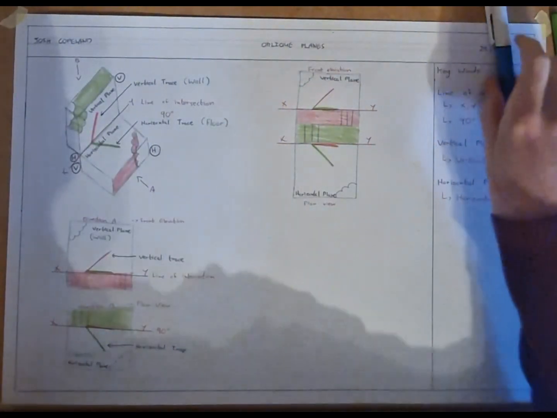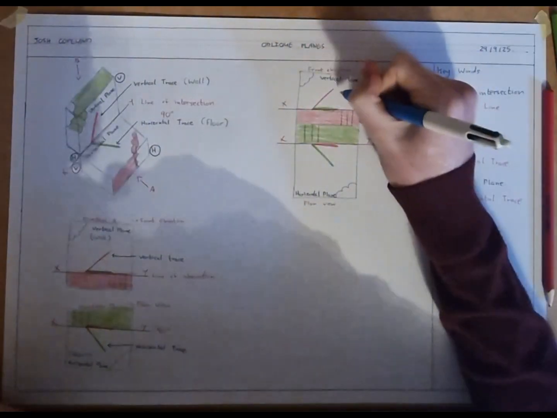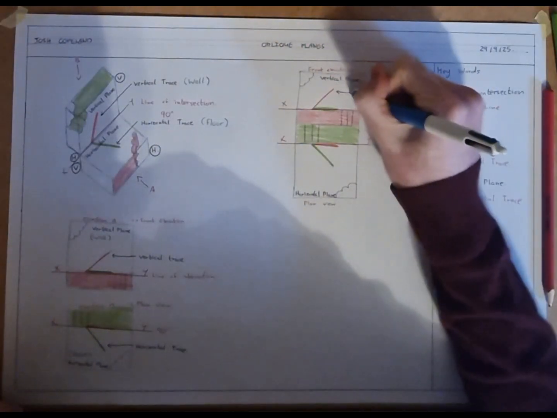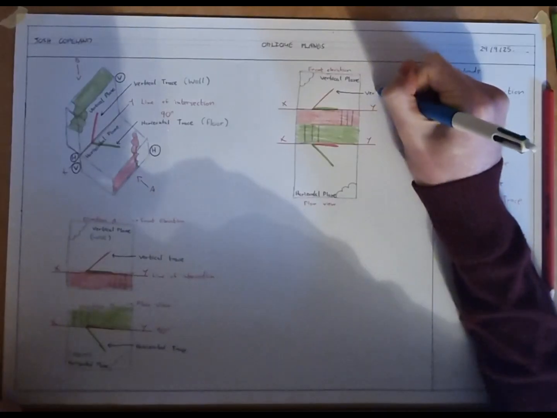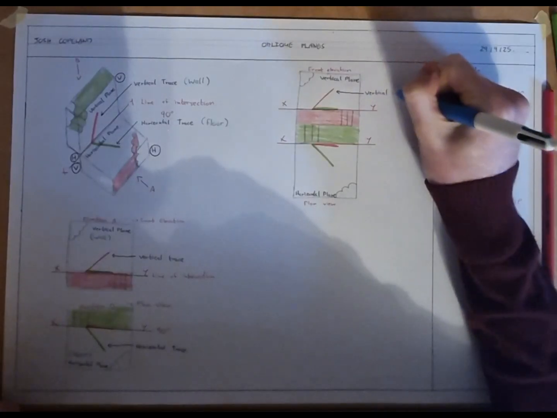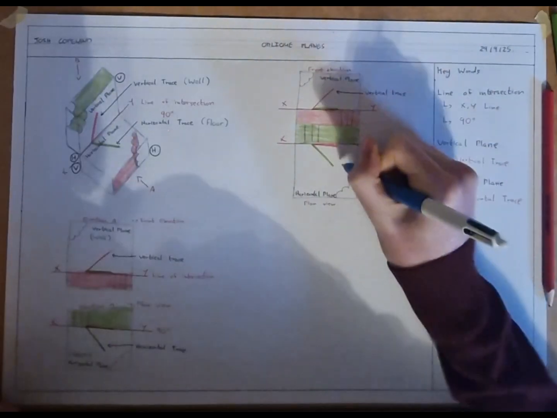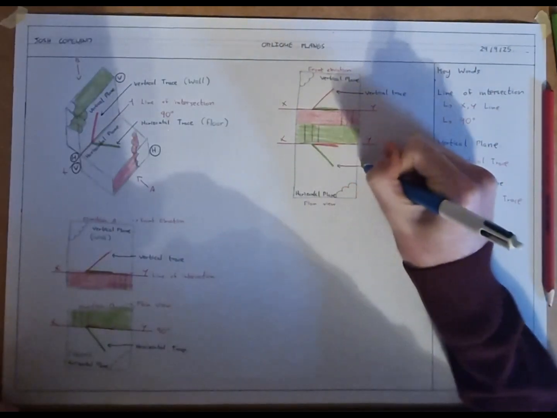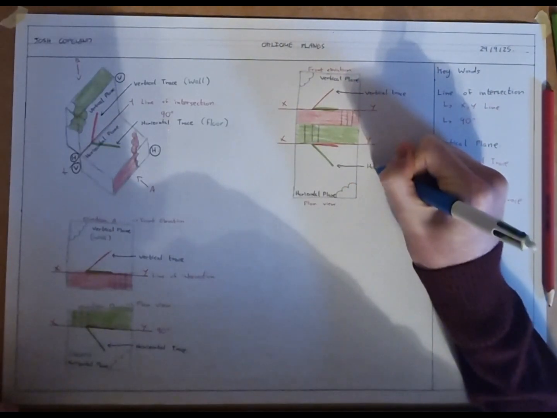Now, let's label everything again. So here, we've got our vertical trace. And here, we have our horizontal trace.